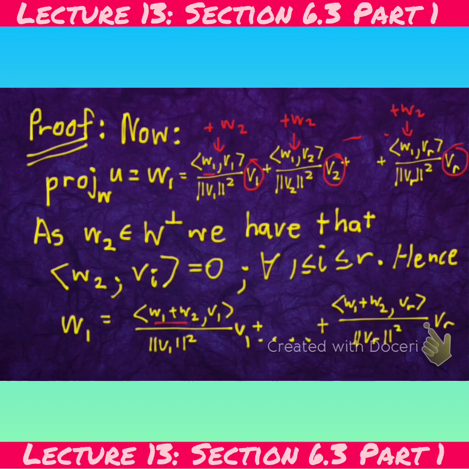So if you work that term out by my axiom, it becomes the inner product of w1 with v1 plus the inner product of w2 with v1, and that term there is just going to be 0 because the vector w2 is orthogonal to the vector v1. I can pretty much do this for all the terms. I can just add a w2 to each one of them, and it's not going to make a difference.